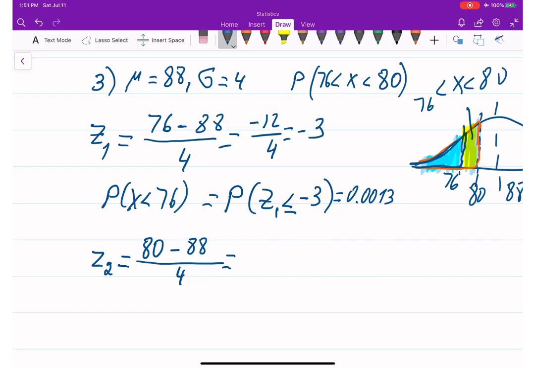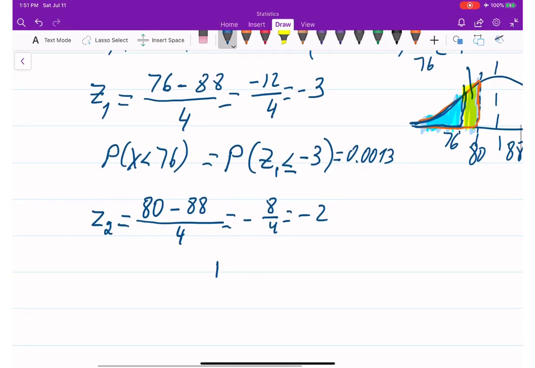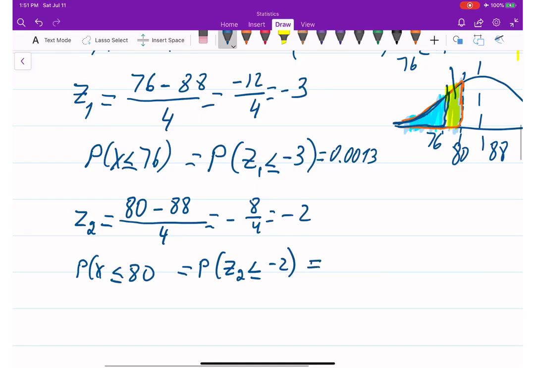So it's going to be negative 8 over 4. It's going to be negative 2. So probability of Z less than or equal to negative 2 is equal to probability of X less than or equal to 80. We put equal here also, because it can be equal also. And that is equal to negative 2.